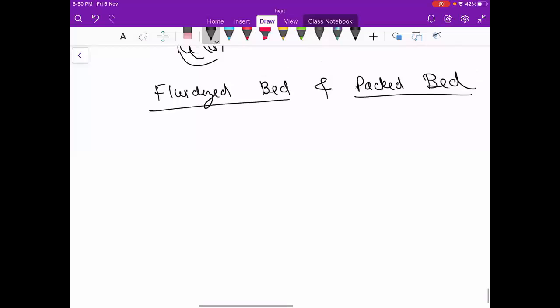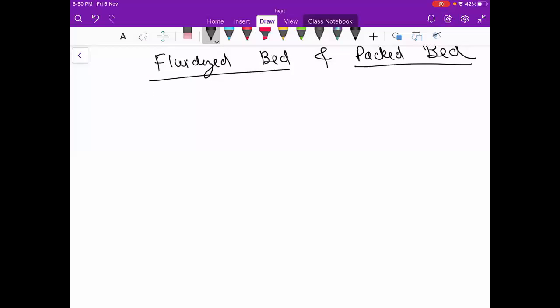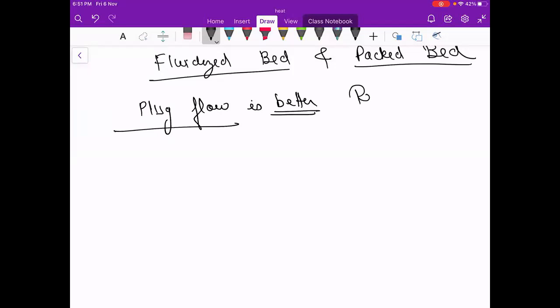It depends on various factors. But in CRE, I hope you have seen that plug flow is better. Okay, you have seen in CRE that plug flow is the better reactor. But you have also seen that it is very difficult to design a plug flow reactor in real life.